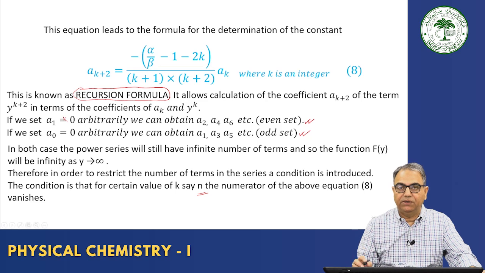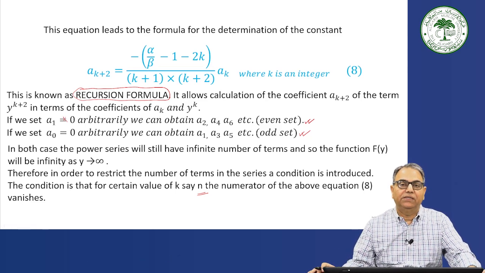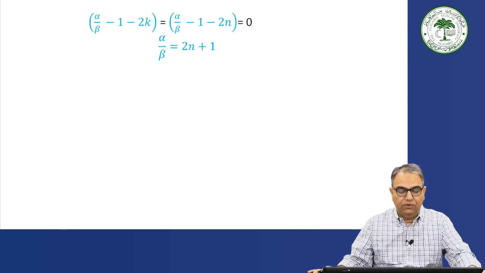Numerator of equation number 8 equals 0, in order to just truncate the series, because otherwise the solution will have an infinite number of terms which we don't want. Okay. So, if we do this, it means alpha divided by beta minus 1 minus 2k becomes equal to 0.